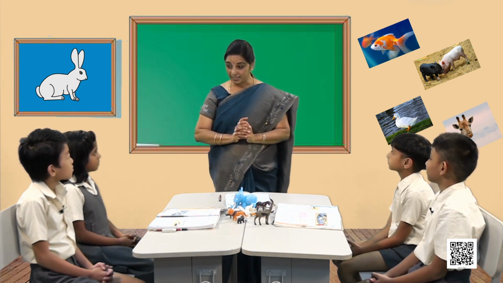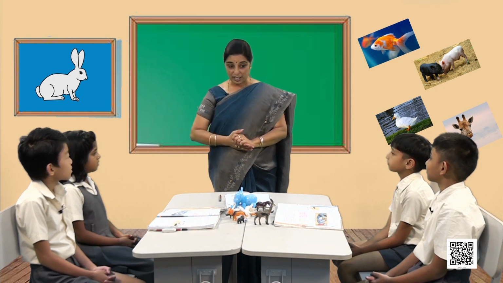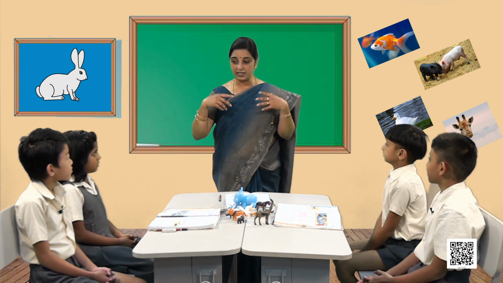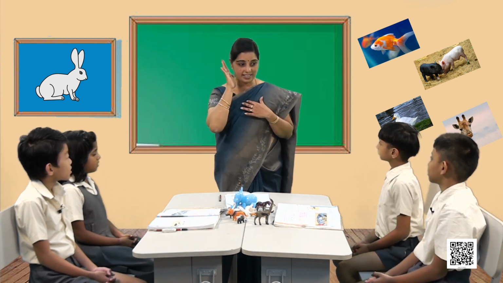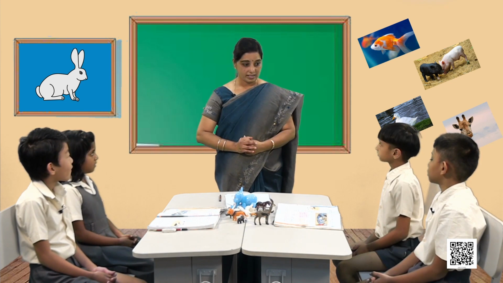Have you seen the movements of the ears of animals sometimes? Whenever there is danger approaching, or whenever there is a sound, they will turn their ears to that particular direction. Have you observed dogs? You might have seen at home.